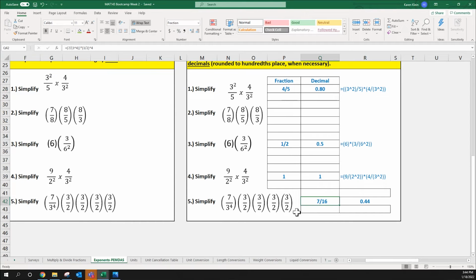So we had 7 divided by 3 to the 4th power. I'll just write the equation down below it. And since 3/2 is repeated 4 times through multiplication, I just raised that whole fraction to the power of 4. So we get 7/16, which is the same as 0.44.